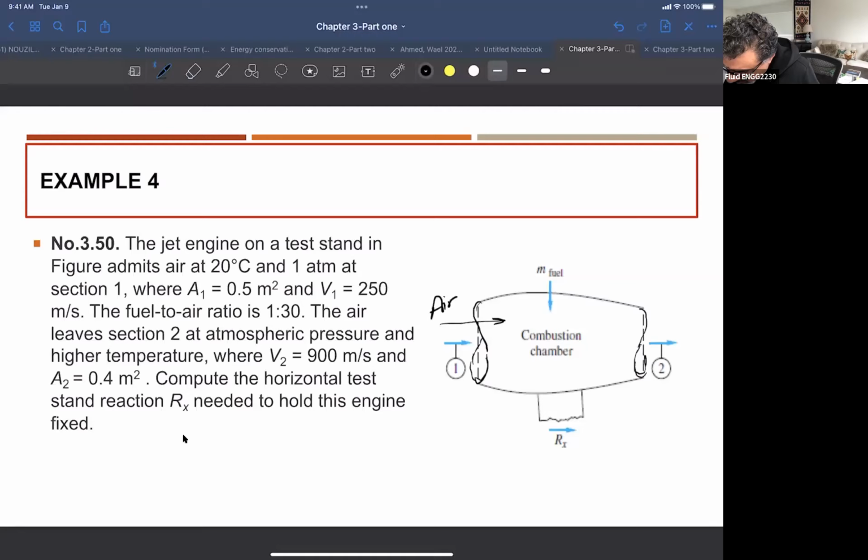There is fuel added inside the engine, and of course some sparks in order to start the ignition. And the flow that is going out, so this is out and this is in, right?